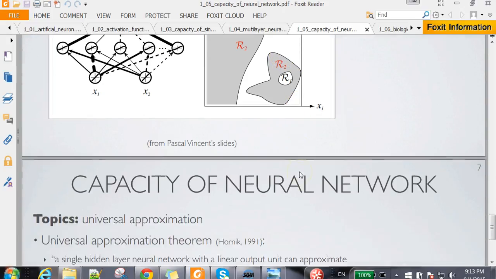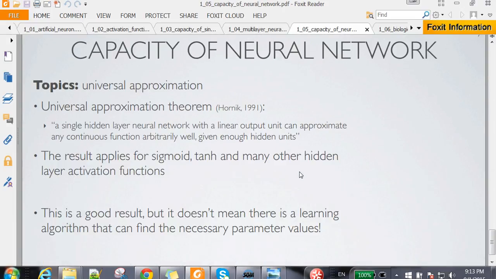decision boundary using this. And in fact, there's a formal proof that says that a neural network can be a universal approximator to basically any kind of decision surface or any kind of function.